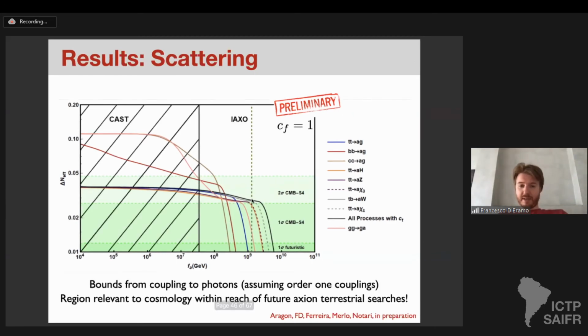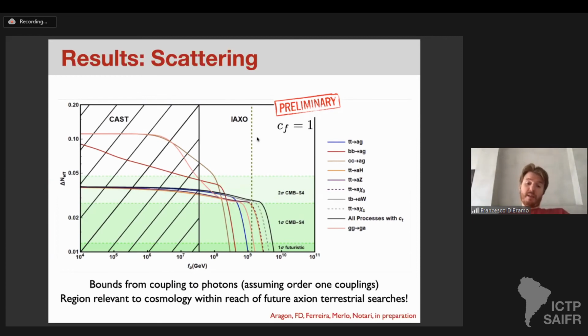And it's interesting that it's also within the reach of future axion helioscopes. So you can have a complementary observation of this range for axion dark radiation, and also from the axion coming from the sun. The IAXO experiment is detecting axions coming from the sun.